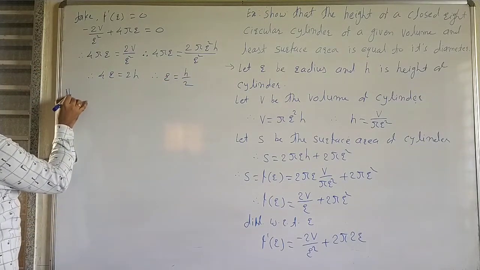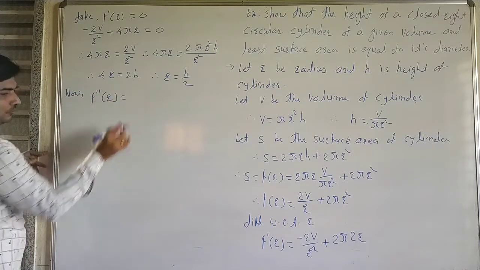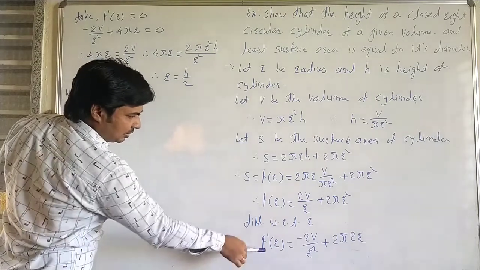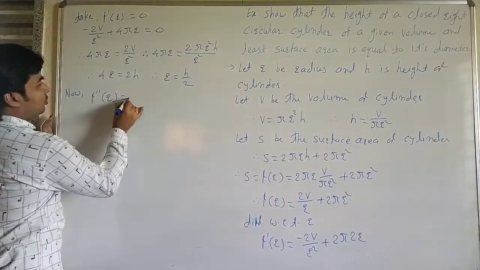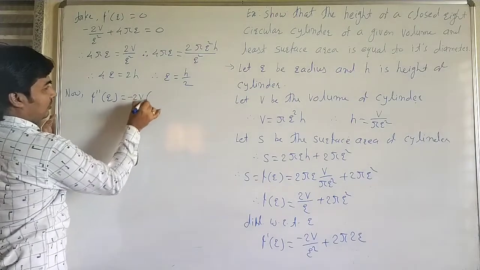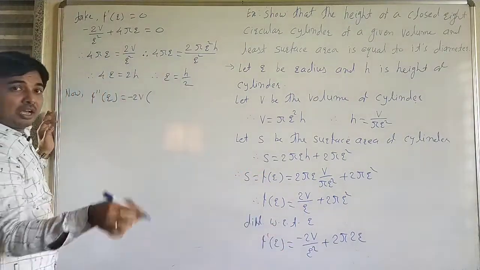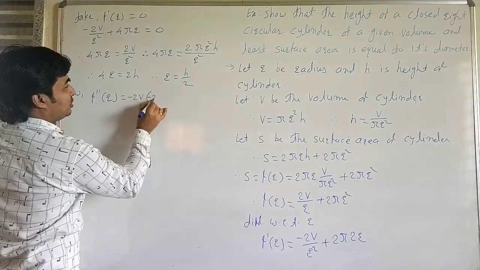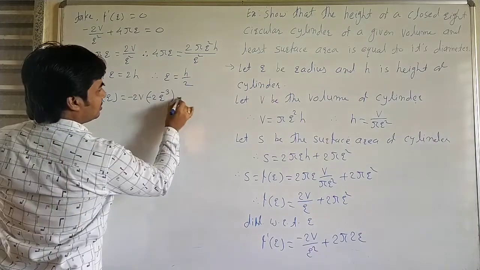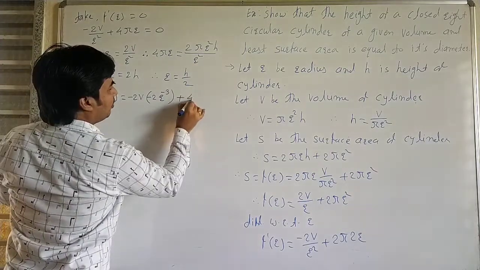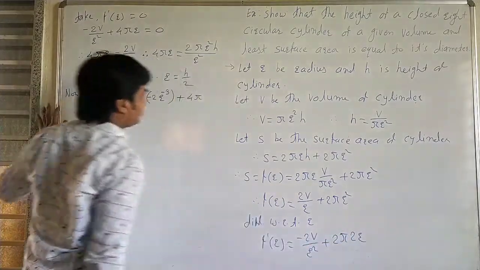Now we find the double derivative, f double dash of r. From f dash of r, minus 2 phi is a constant, and 1 upon r square is r to the power minus 2, whose derivative is minus 2 into r to the power minus 3, and plus 4 pi, since the derivative of r is 1.